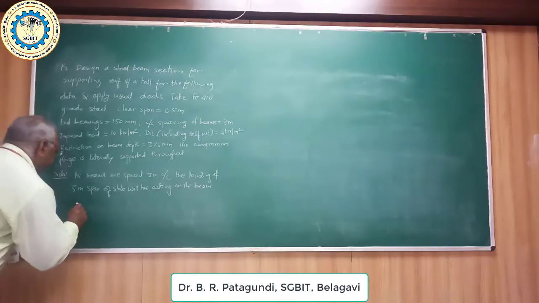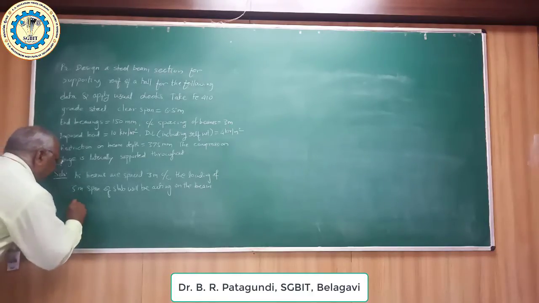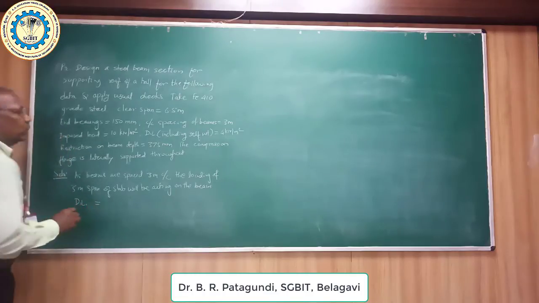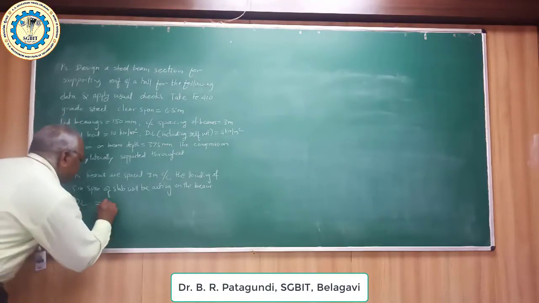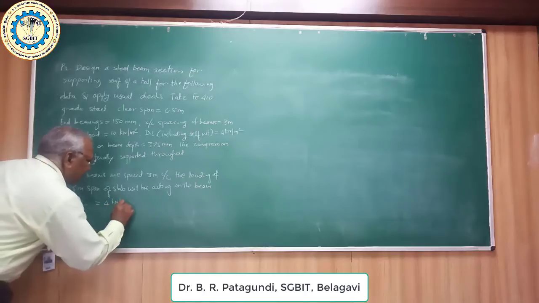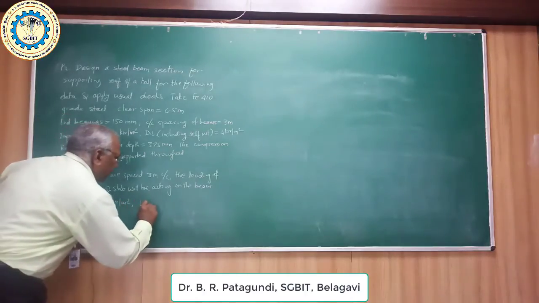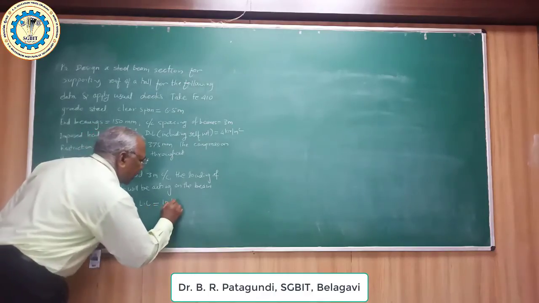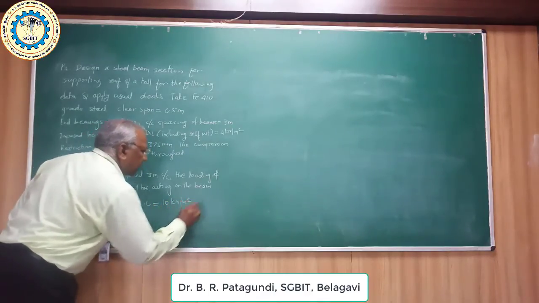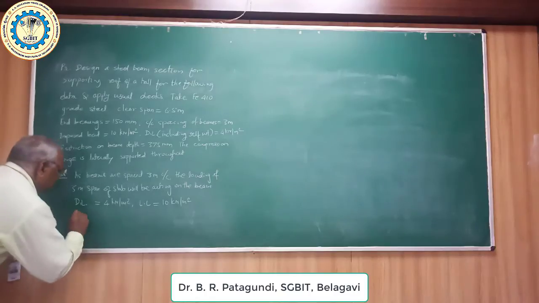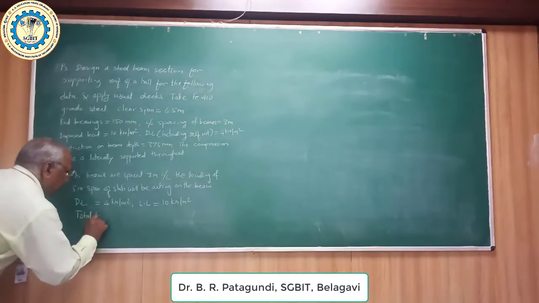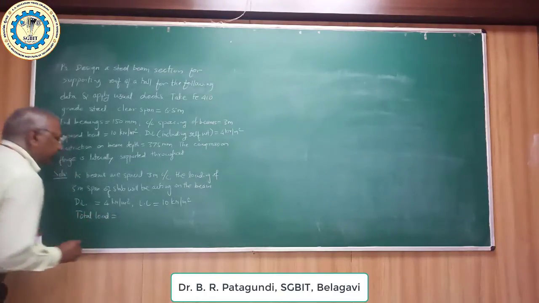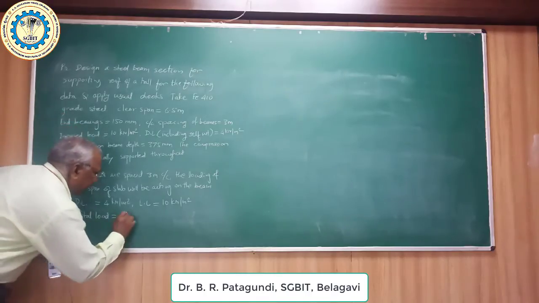So, the UDL: dead load equal to 4 kN per meter square, live load equal to 10 kN per meter square. Total load is equal to dead load plus live load. It is 4 plus 10, 14 kN per meter square.